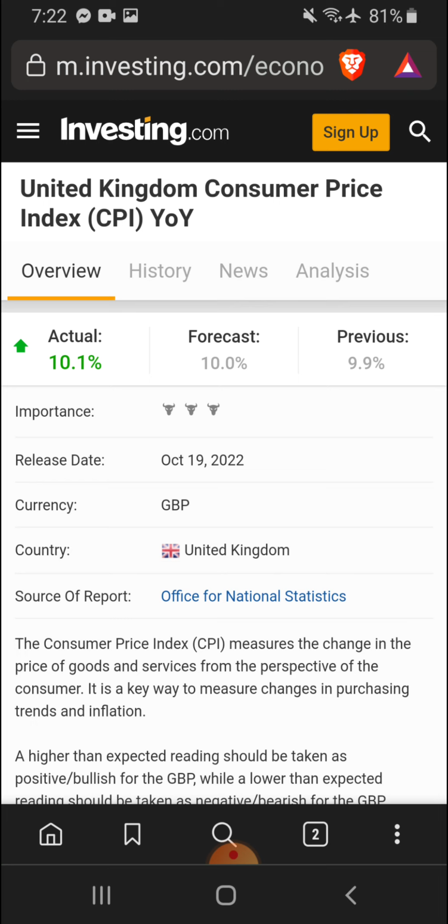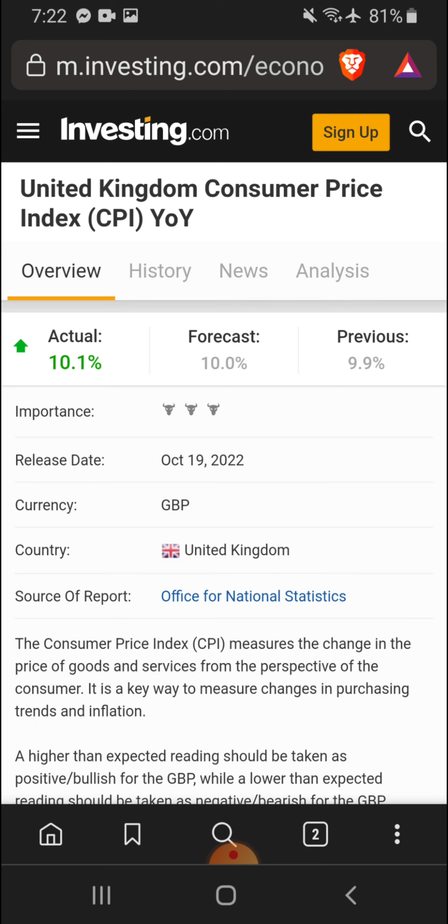It was stronger for the pound, probably because higher inflation leads to more spending, I guess, which is better for the pound because more people have to spend more. So it was inflationary.